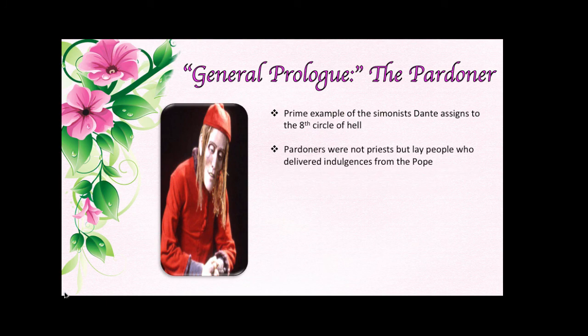Now, pardoners weren't priests. They were lay people that the church hired to distribute indulgences that came from the Pope. And I need to explain the whole theory behind indulgences because they don't exist anymore. According to Cooper, there were people who could not truly repent their sins, because in order to repent a sin, you have to be sorry you committed it. And some people weren't sorry for every sin they committed.